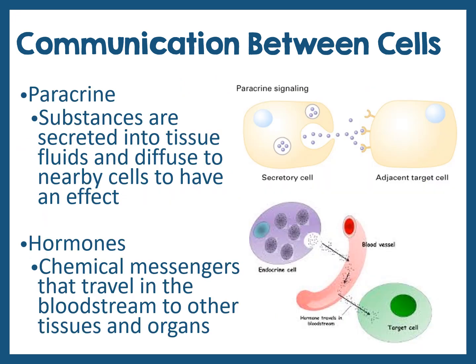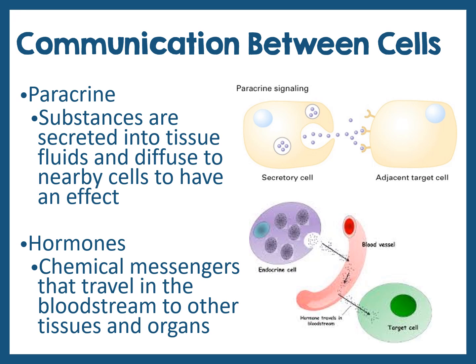The third type is called paracrine. Paracrine is when substances are secreted from a cell into the extracellular fluid that's surrounding it, and that substance will diffuse through that fluid and arrive at neighboring cells.